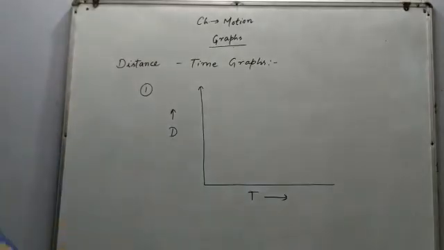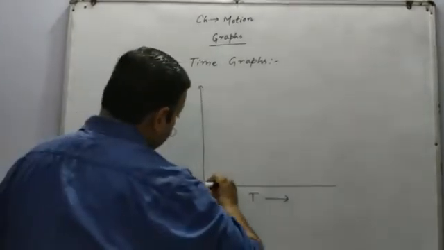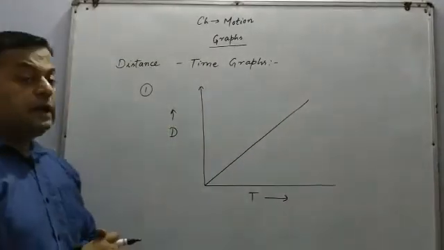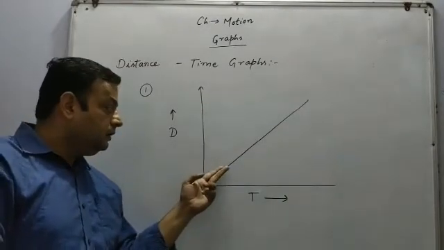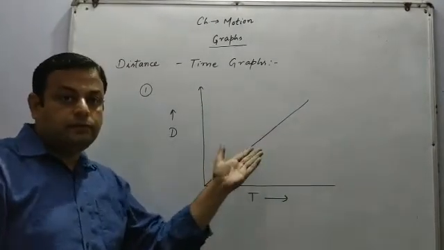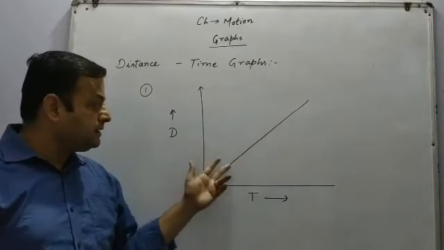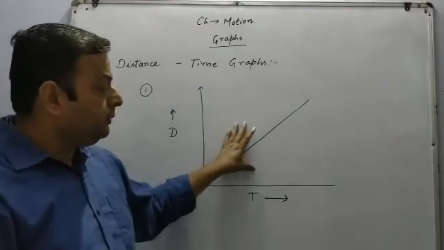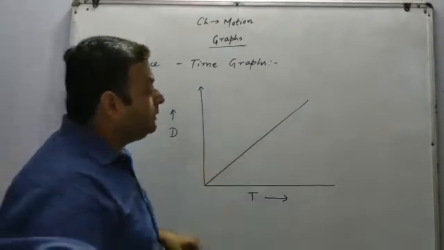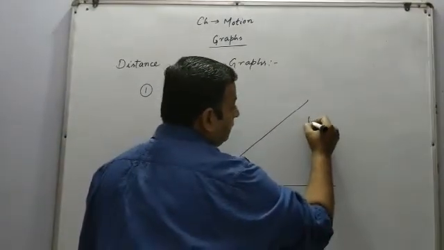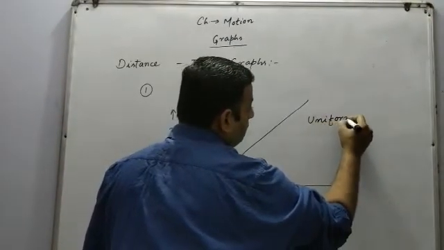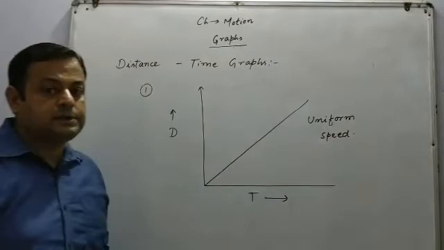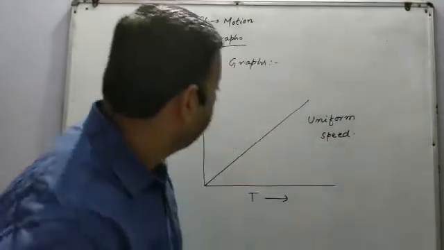Now the very first graph is this one. Now this graph represents the increase in the distance with the increase in the time, and this straight line represents uniformity. It means this graph represents uniform speed.